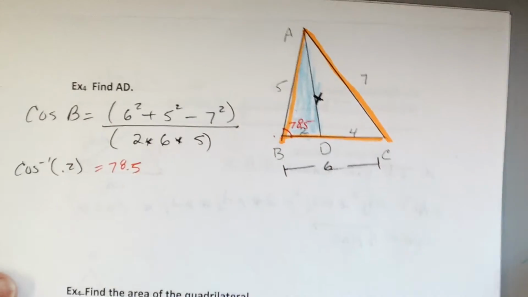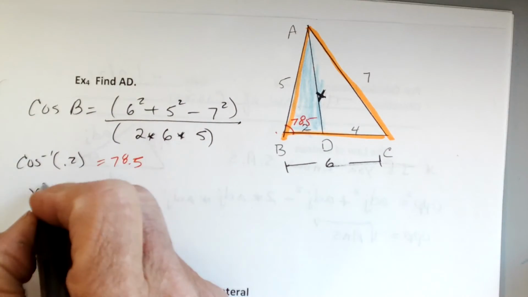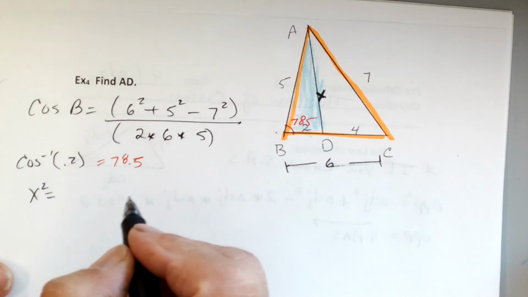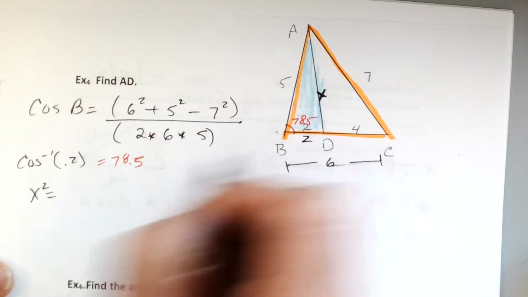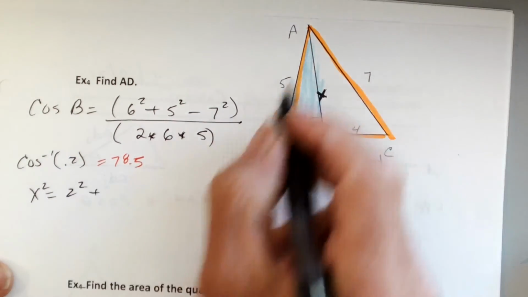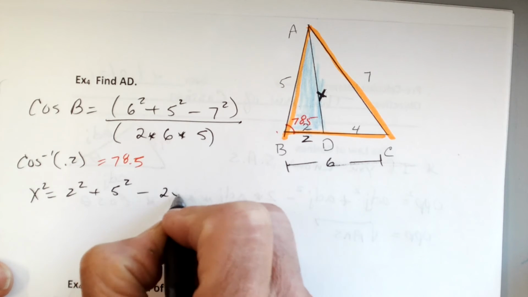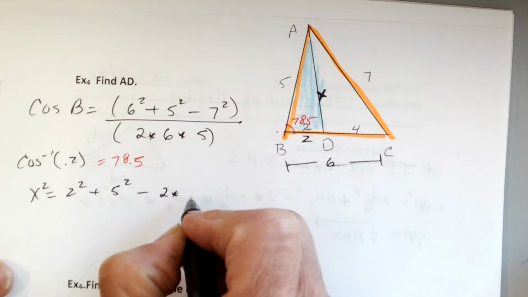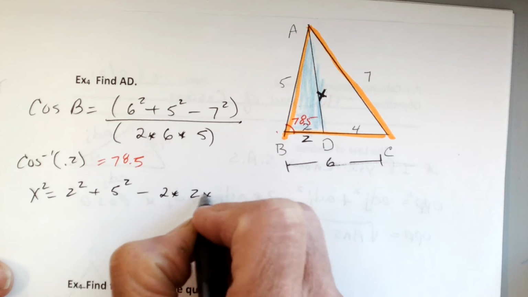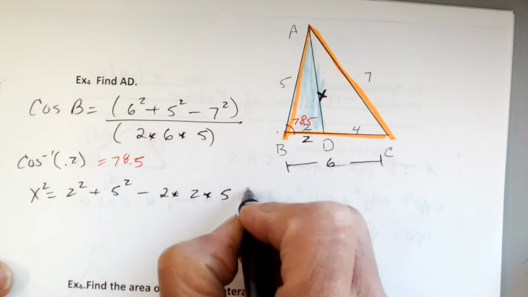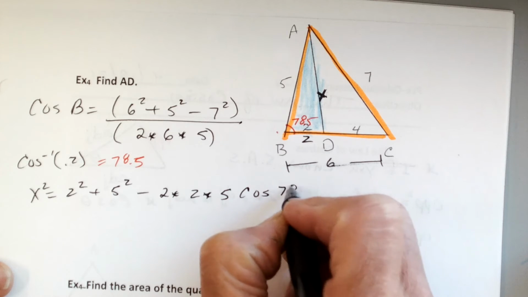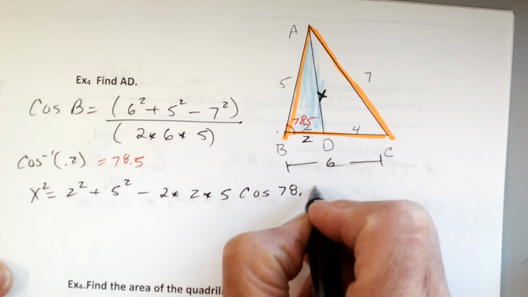So I'll set it up as opposite squared equals adjacent squared, which is 2, plus adjacent squared, which is 5, minus 2 times my adjacent, which is also 2, times 5, which is my other adjacent, times the cosine of 78.5. Okay?